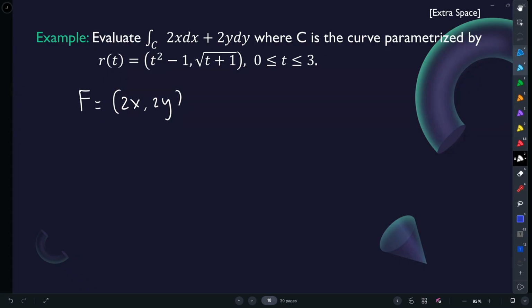I want to find an f such that this is the partial with respect to x, partial with respect to y. So you take that 2x and you integrate it with respect to x. That is x squared plus a constant. But in this case, because the function was a function of x and y, the constant is a function of y.